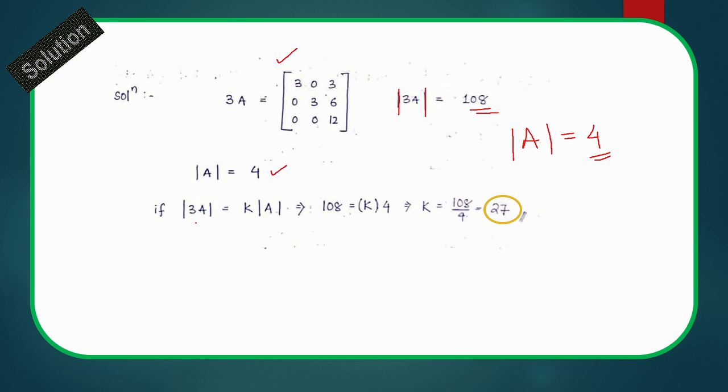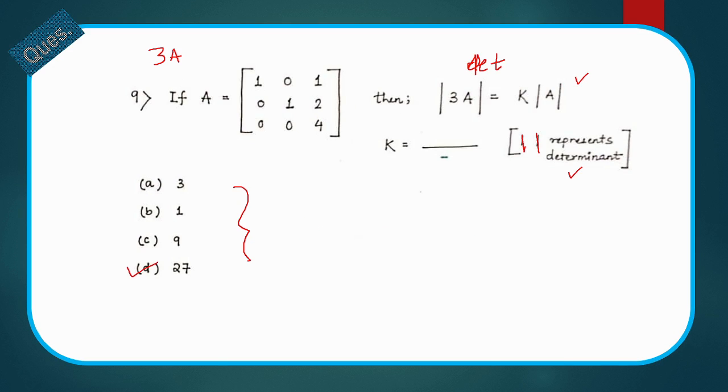So it is saying determinant of 3A is equal to K into determinant of A. If we put the values, 108 equals K into 4, then K equals 27. So finally we'll get this answer, 27.